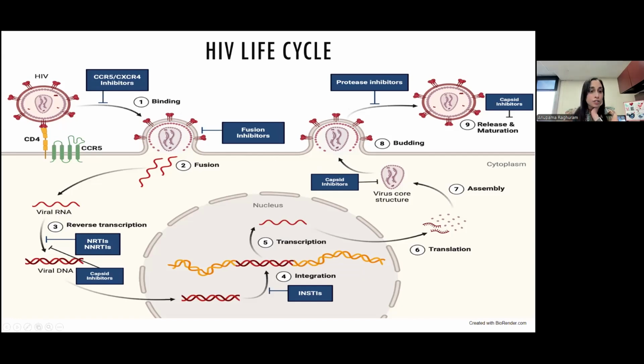So today we're going to be focusing on certain classes of medications, because I want to focus on treatment-naive patients. The approach to treatment-experienced patients is very complex and individualized, so it's harder to do a talk on that. So we'll focus on treatment-naive patients for today, and I want to focus on nucleoside reverse transcriptase inhibitors. These are the NRTIs.